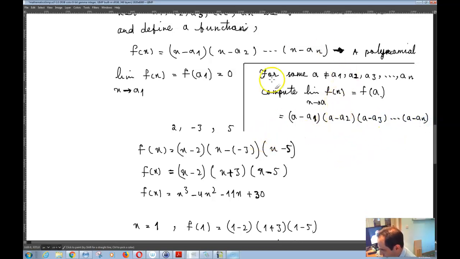So this is actually an interesting and nice question to learn a couple of things about polynomials and how they behave.